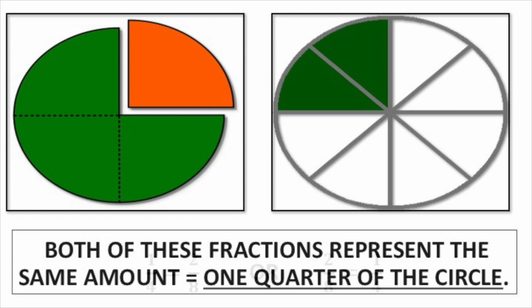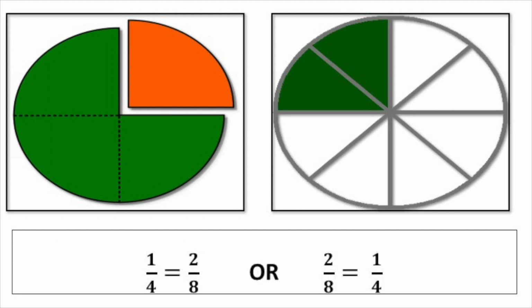However, you can see here, 1 over 4 is equal to 2 over 8. Or looking at it the other way, 2 over 8 is equal to 1 over 4. They both represent the same amount.